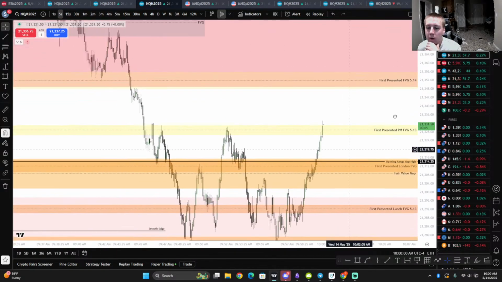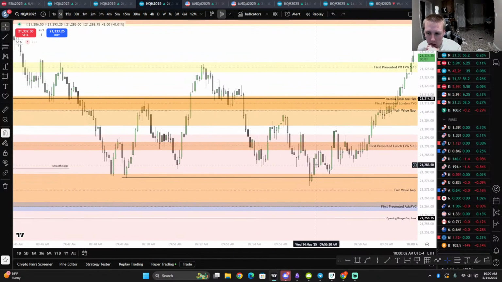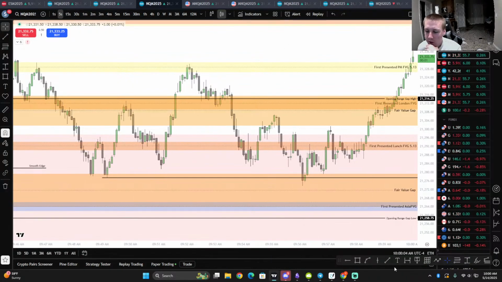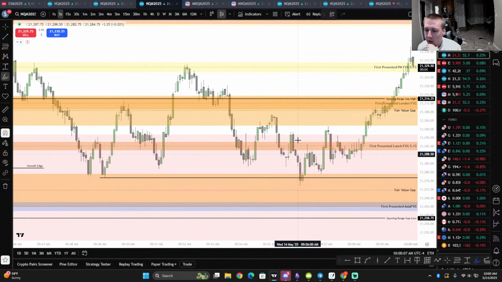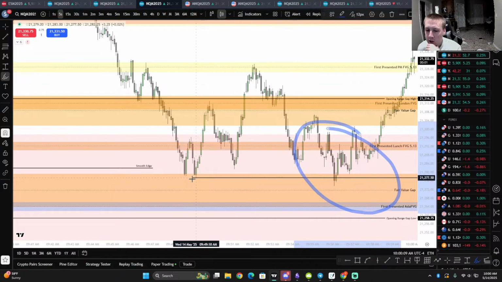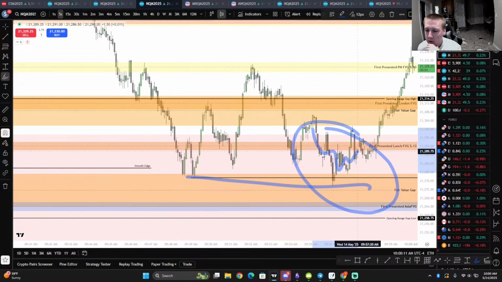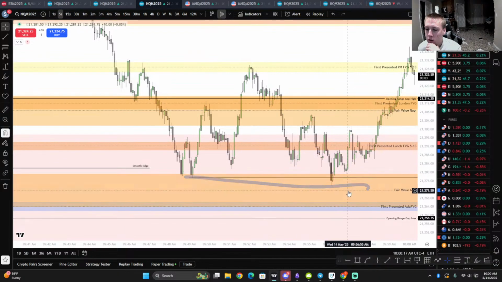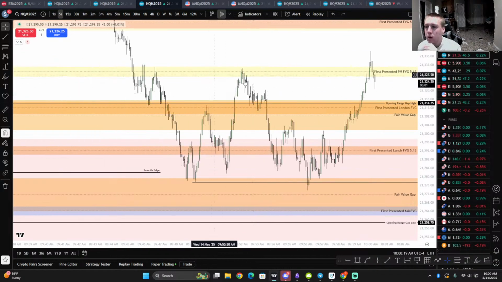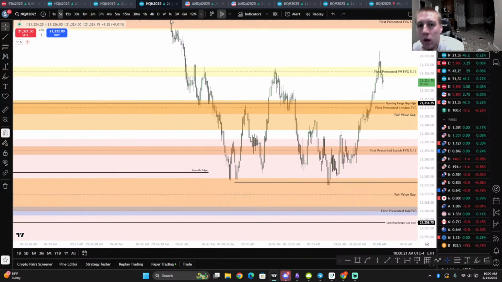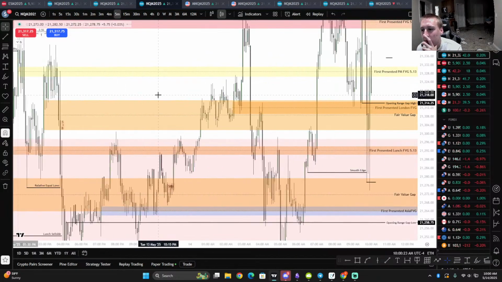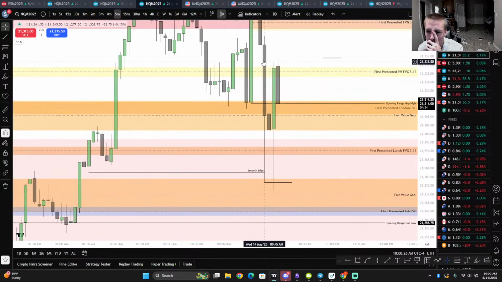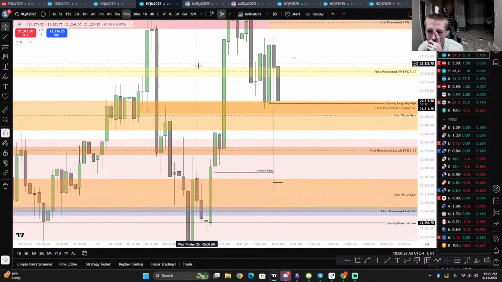This is really one of my favorite signatures in price, is discount accumulation. When we consolidate in a discount, especially below an old low, that means we're trading up higher. Now we've hit buy side. Notice how we hit buy side here. That also is a 5-minute fair value gap here, so be aware of that.